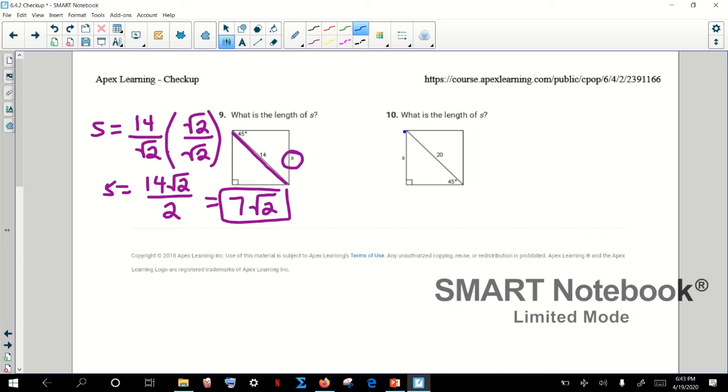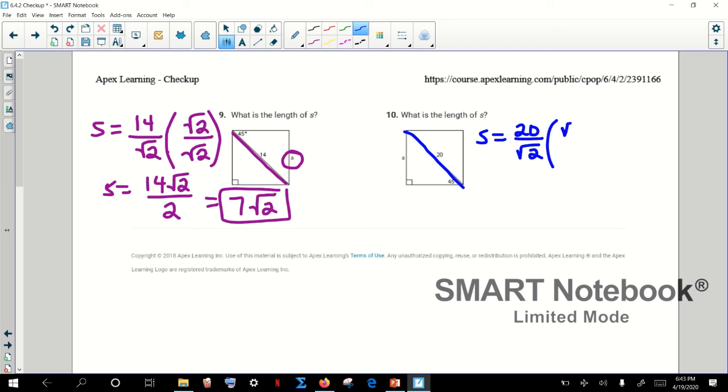Again, in number 10, I'm given the hypotenuse, which is 20. So to find one of the side lengths, which is S, I take whatever the hypotenuse is, and instead of multiplying by square root of 2, I divide by square root of 2. Again, this could be your answer on the quiz, but the proper way to write this is without a square root in the denominator.